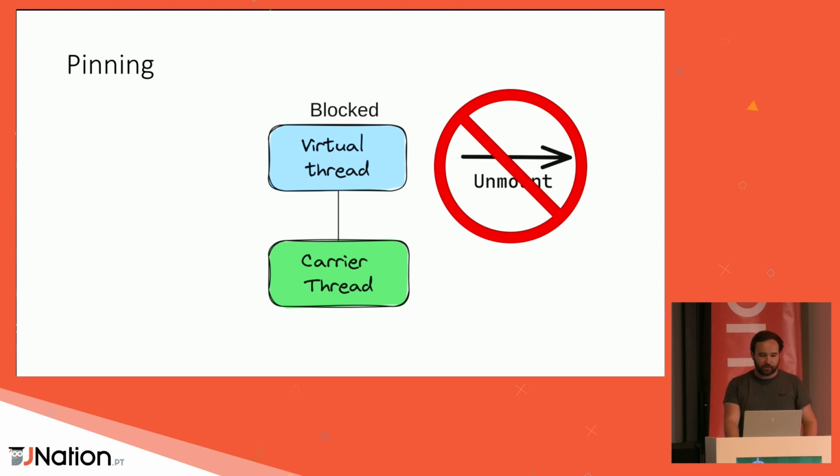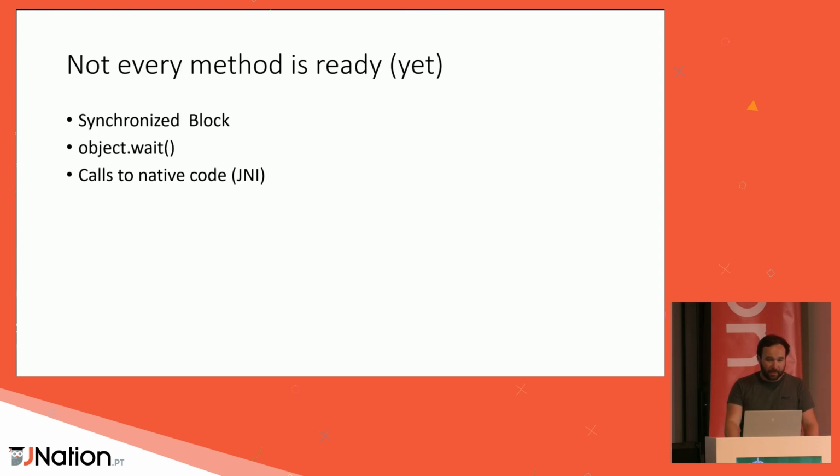So the virtual threads don't always get unmounted, and that's when we say that a virtual thread is pinned. The virtual thread is then pinned to its carrier thread. It can't be taken off. And that's because not every method is ready yet. For example, the synchronized block, the Object.wait, or a call to native code using something like JNI, causes the virtual thread to block and to be pinned.